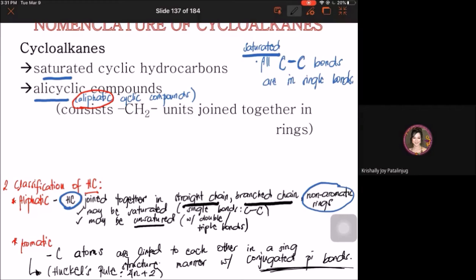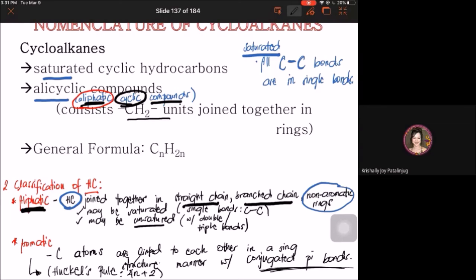cycloalkanes. Okay, as expected, since it is an aliphatic, isa siyang aliphatic, then cyclic compounds, expected na yung structure niya consist of rings of CH2 units. Okay? And they will have a general formula of CnH2n.